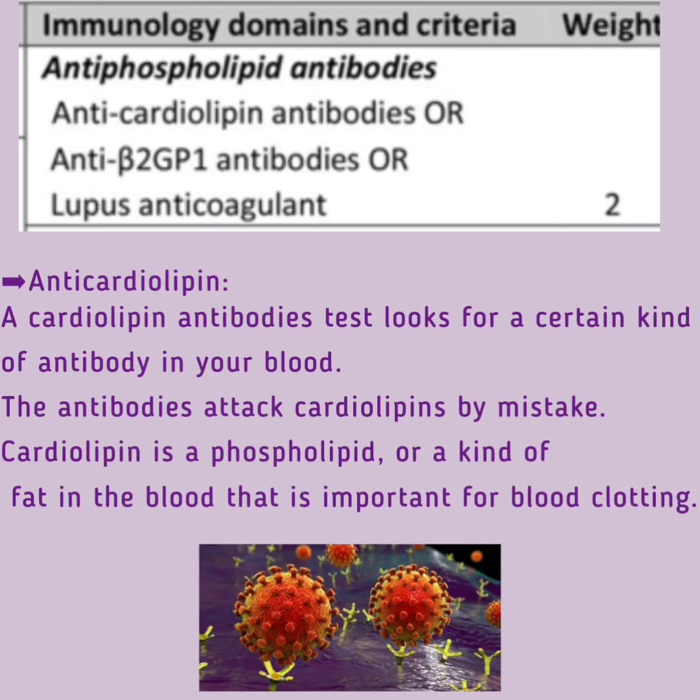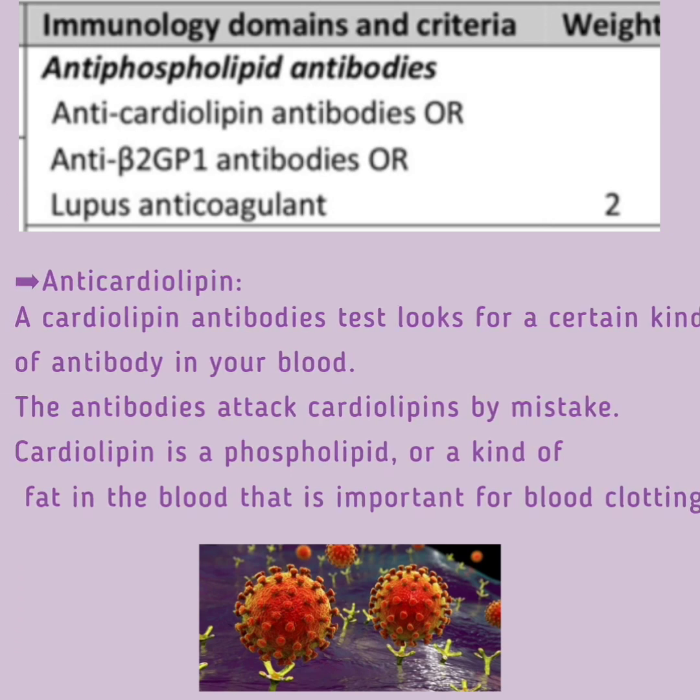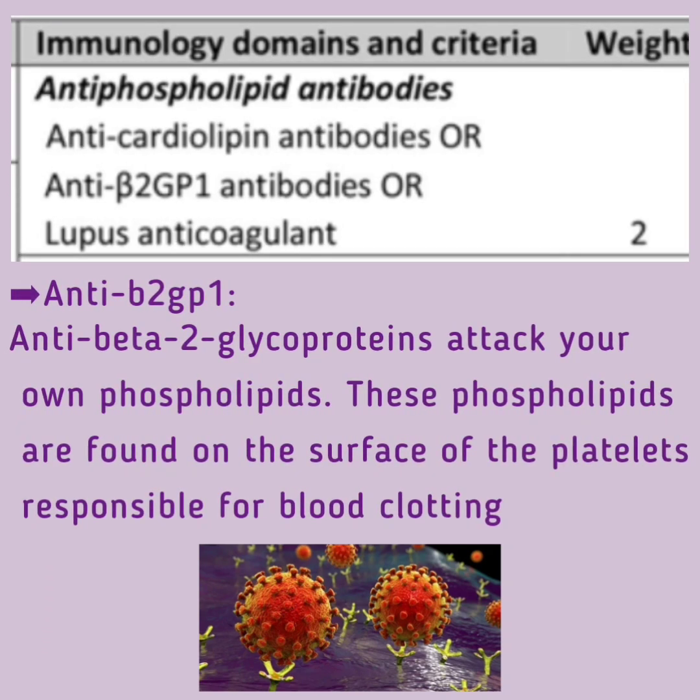The next domain is the immunology domain, and it consists of antiphospholipid antibodies and complement proteins. Now, antiphospholipid antibodies are divided into the anticardiolipin antibodies. They are antibodies that attack a certain fat in your blood that's required for blood clotting. The next one is anti-beta 2 glycoprotein.